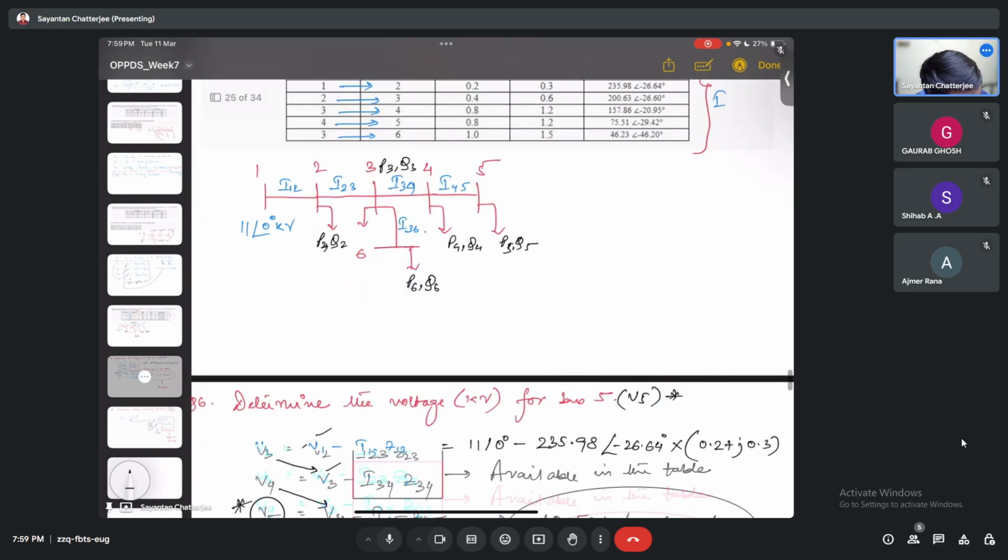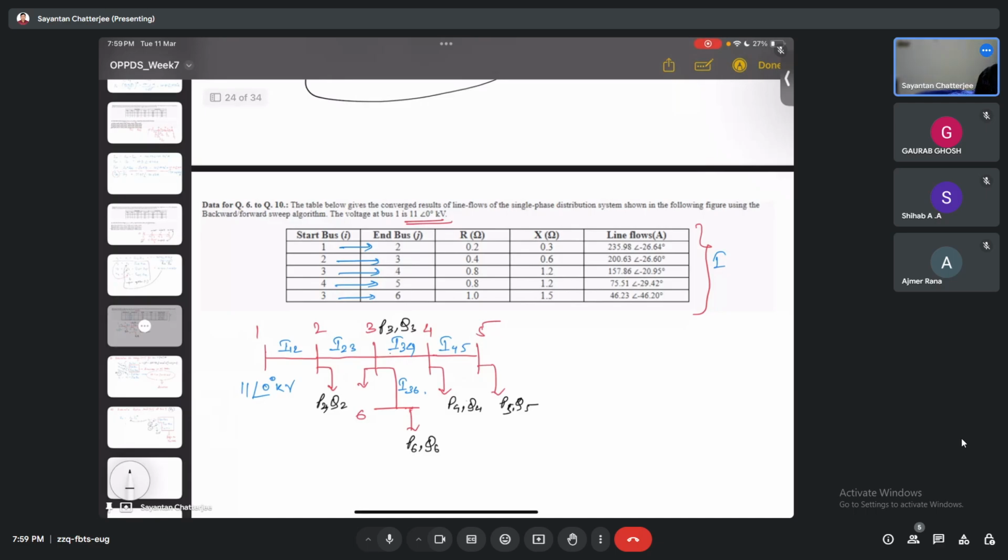And what is I4? This one will be I4, right?